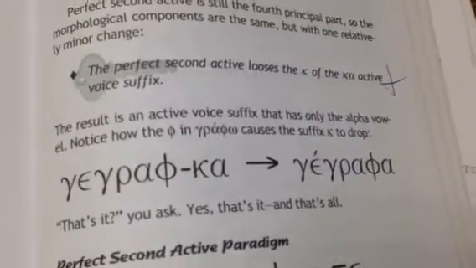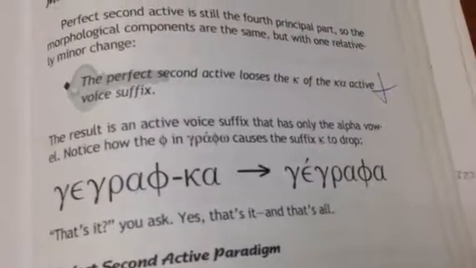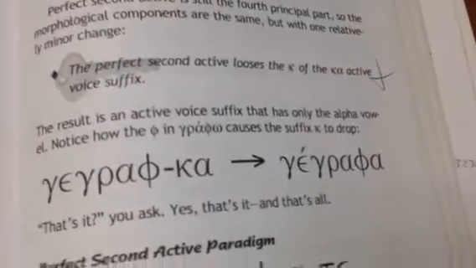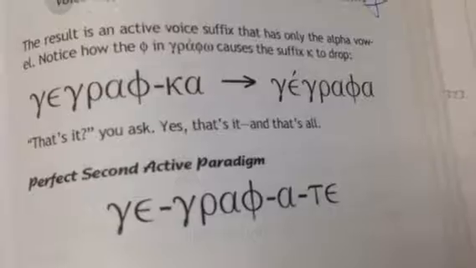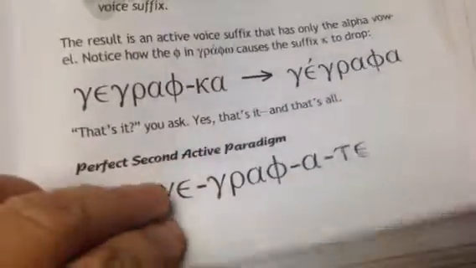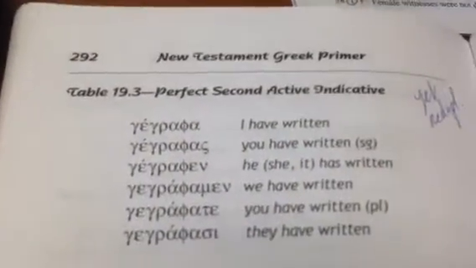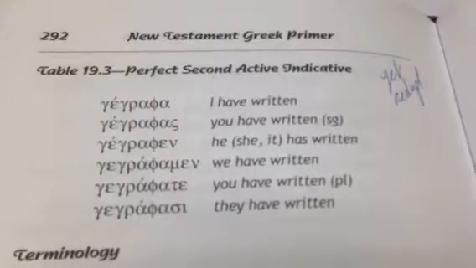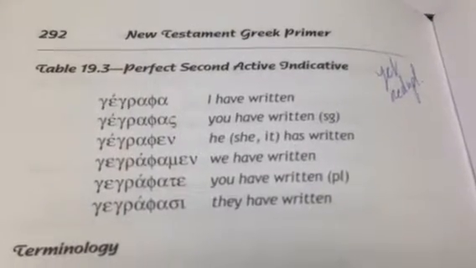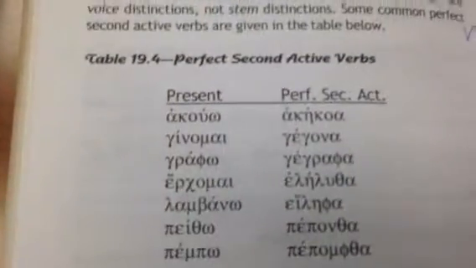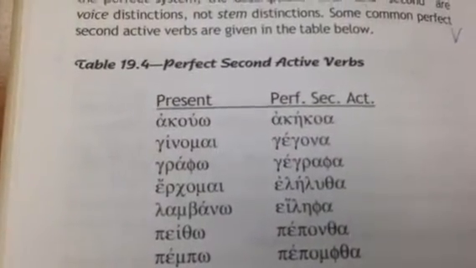Then we add the kappa alpha, but since it is a second active, the kappa drops out and you get a resultant form, and we add our ending, right? Perfect second active indicative. You kind of only figure it out by observation. I have written.